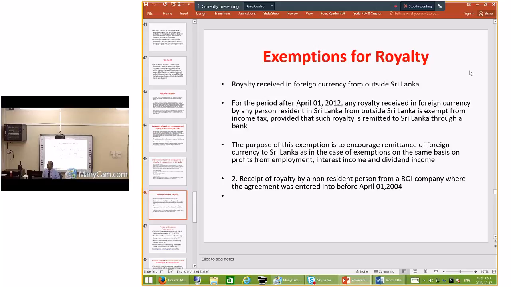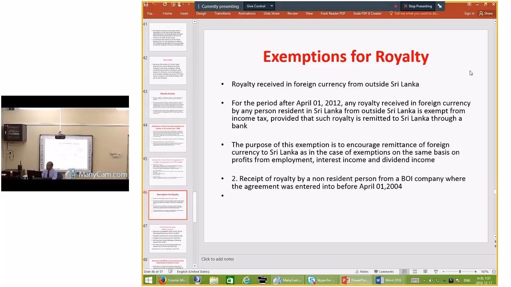But if someone invests in manufacturing goods for the local market, derives profit and declares a dividend, that dividend is subject to tax. For profit derived from goods manufactured for export, if he declares a dividend out of that profit, he can claim that the dividend is not subject to tax, meaning the shareholder, the dividend recipient, is not subject to tax.